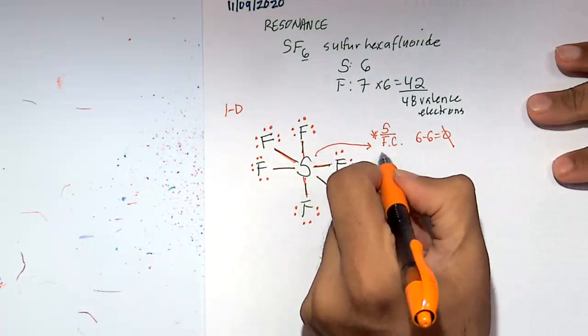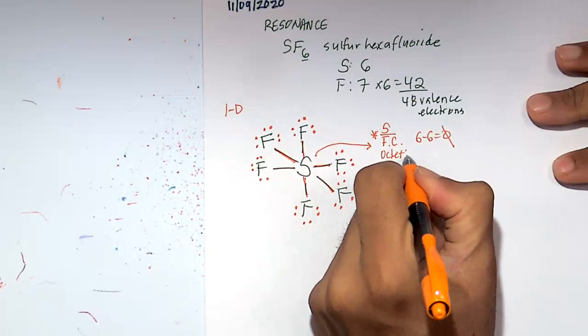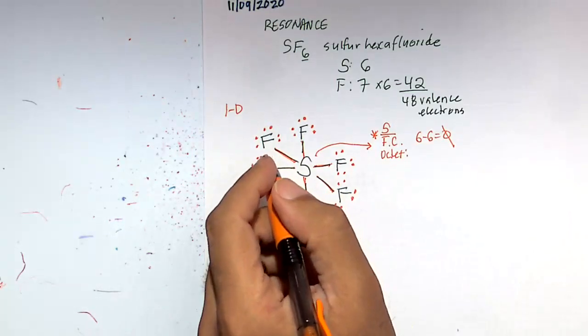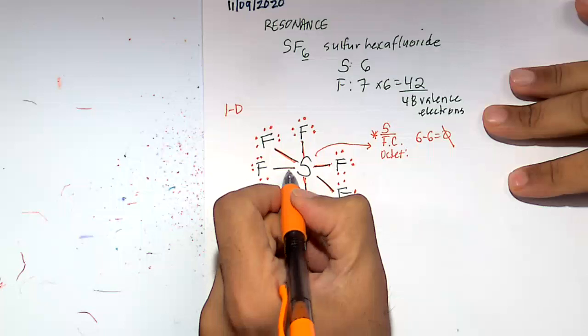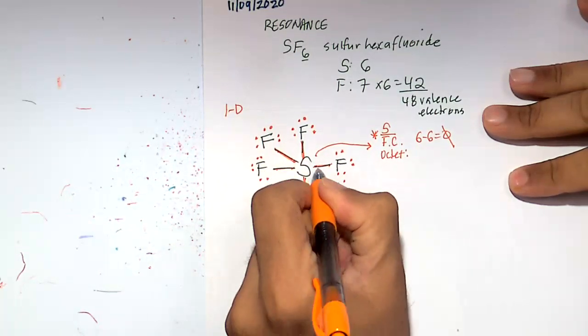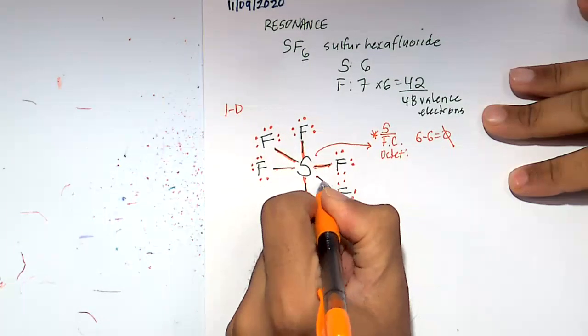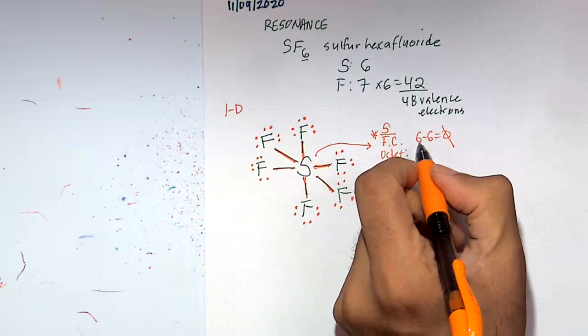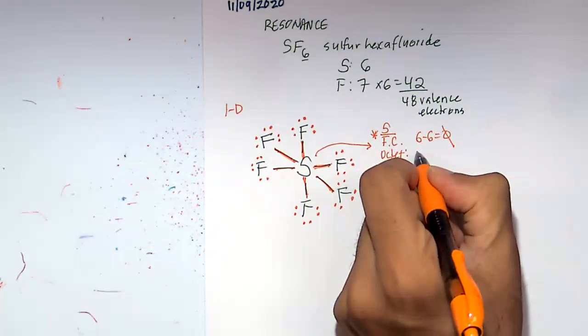Now let's do the octet rule. In the octet rule, I want to tell you guys, on the Canvas test or in whatever future chemistry classes, for the octet rule you count everything individually. So 1, 2, 3, 4, 5, 6, 7, 8, 9, 10, 11, 12. So the octet rule count for sulfur is 12.